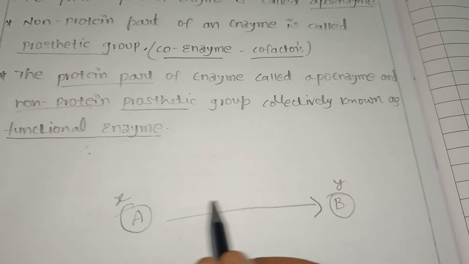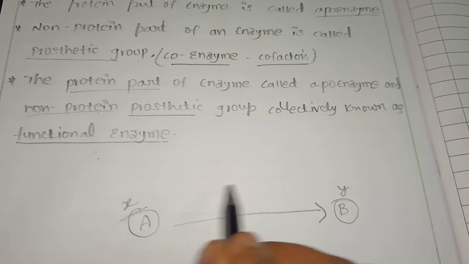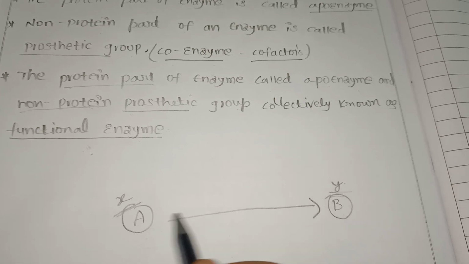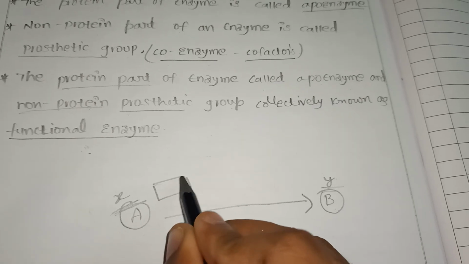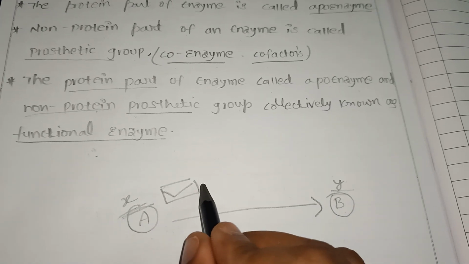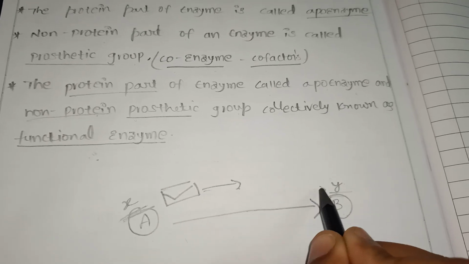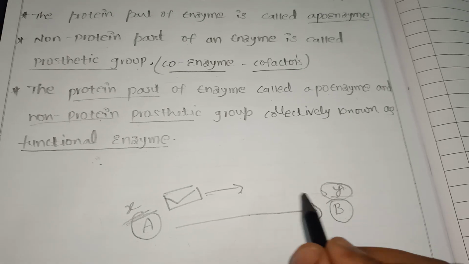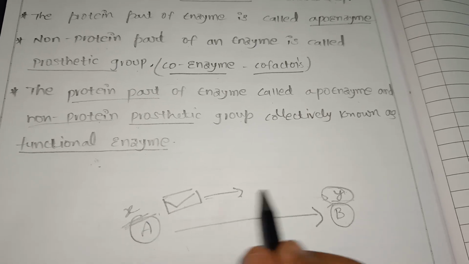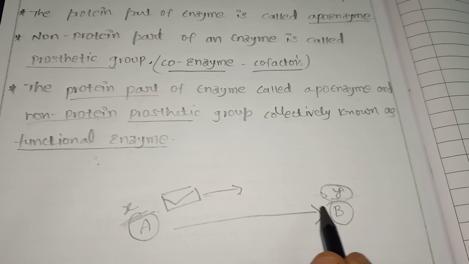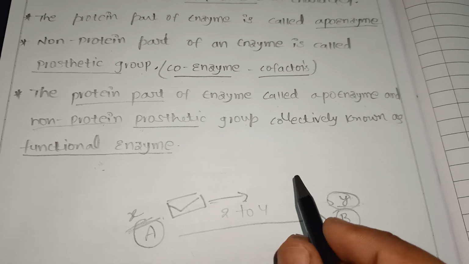In olden days, if person X wanted to send information to person Y from place A to place B, person X needed to write a postal letter to person Y, and after some time this letter would reach Y, and only then would Y get to know the information from X. For the letter to reach from place A to place B, it takes 2 to 4 days or 5 to 10 days, depending upon the distance of the destination.